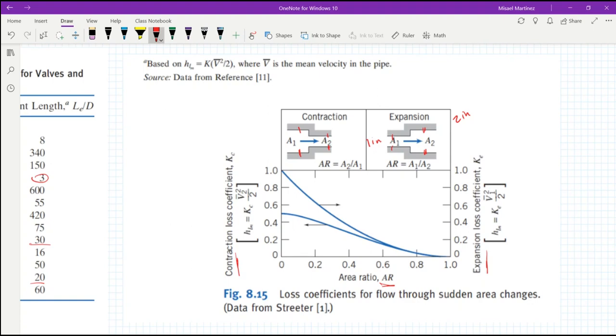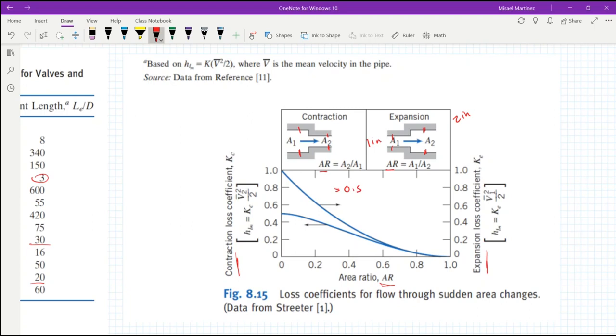So you need to find first the area ratio for contraction or expansion. So let's try first just doing the contraction in this case. So area 2, which is the small one, divided by area 1, which is the biggest one. Since you can do area over area, or diameter squared, the pi and all those things are gonna get canceled. So it will give us an area ratio of about 0.5.